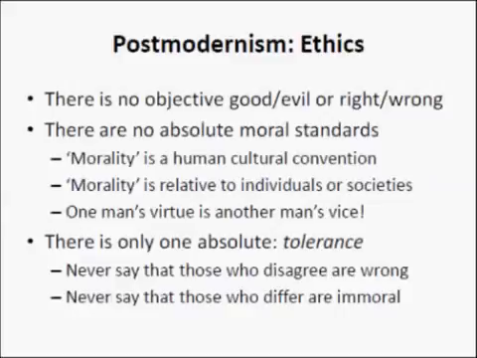It also means that you should never say that those who choose to live differently than you, who live polygamously, or live in a homosexual relationship, are immoral, because that would imply, of course, that there are objective moral standards, that there's some universal standard of morality, and your views line up with it, and their views don't.